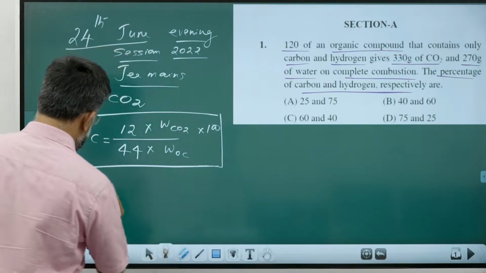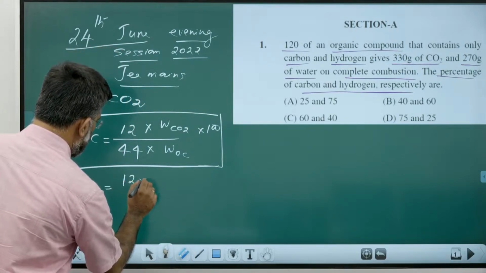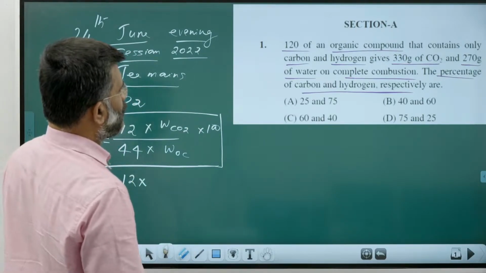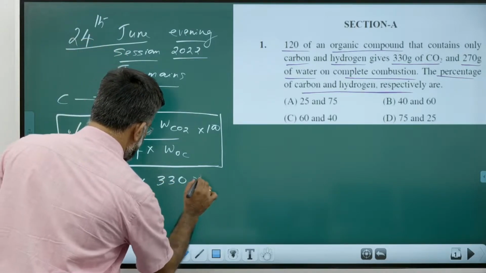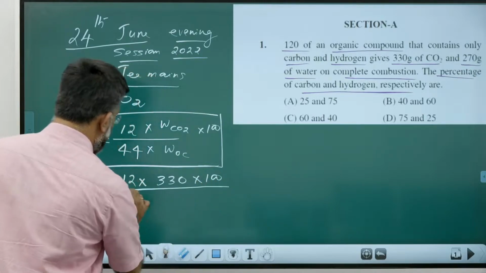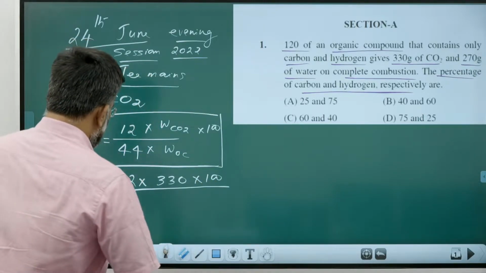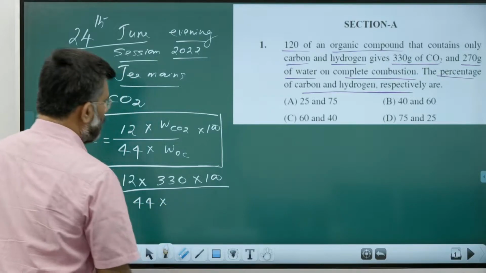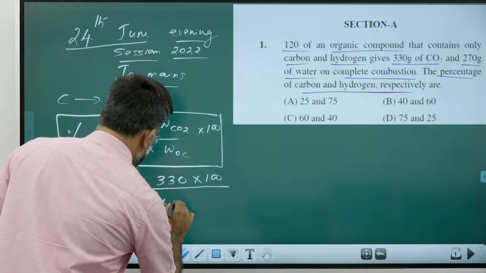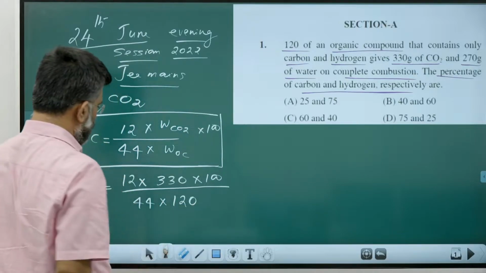How much do you get? It is 12 into the weight of carbon dioxide, 330, into 100, divided by 44, the molar mass of carbon dioxide, into the weight of organic compound, 120.